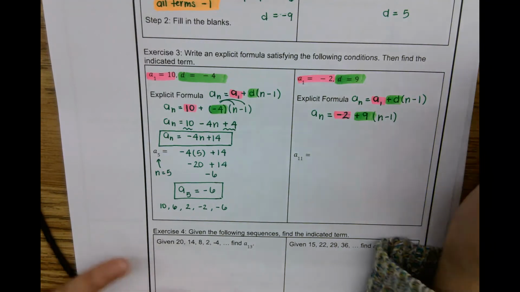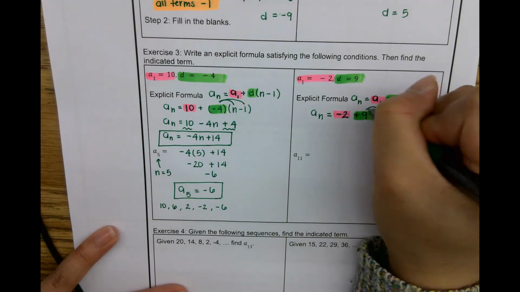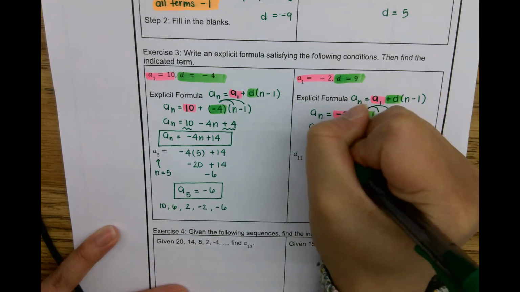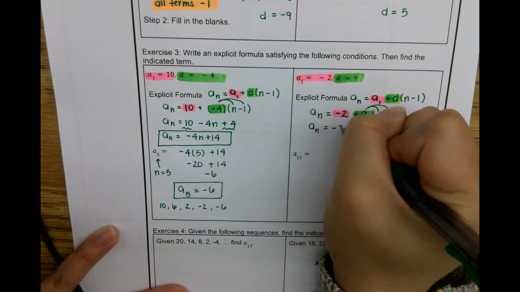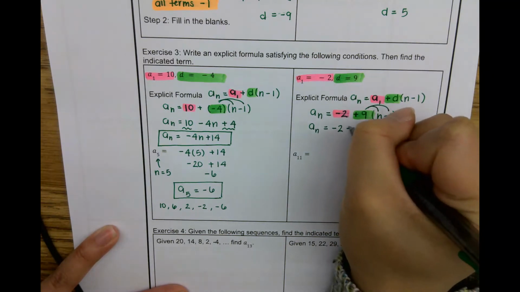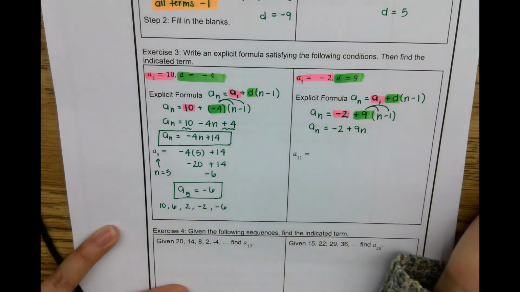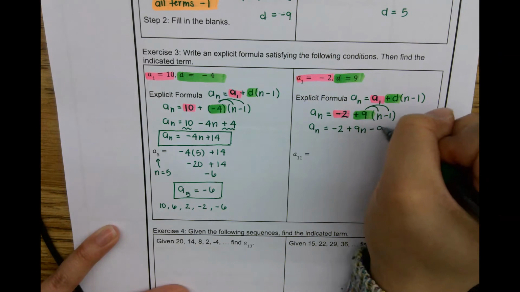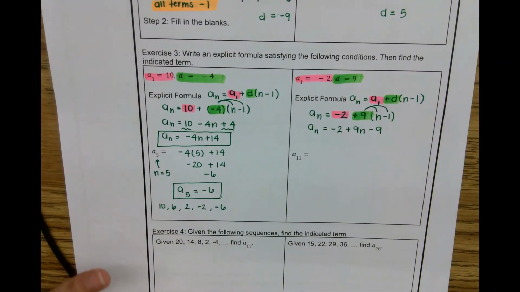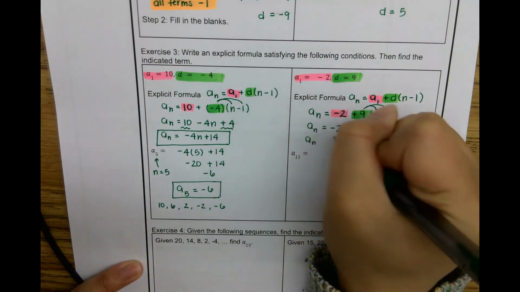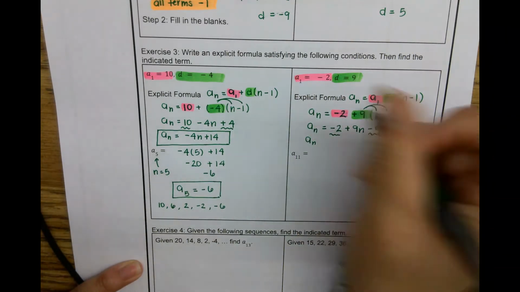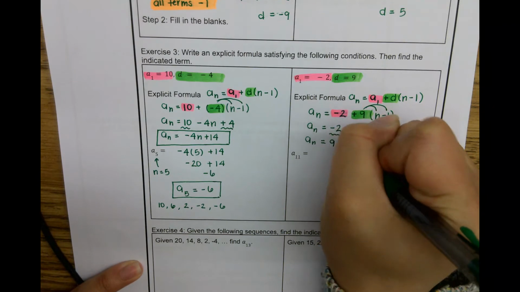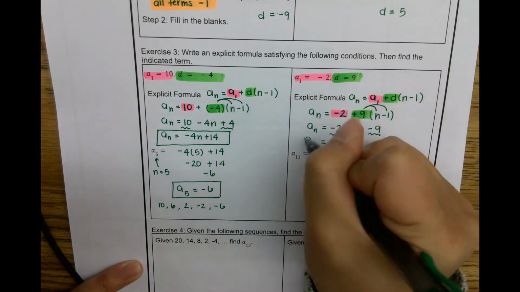I'm going to distribute this 9. When we distribute, we are multiplying. 9 times n is 9n, so positive 9n. 9 times negative 1 is negative 9. Then I'm going to simplify. Combine like terms, negative 2 and negative 9 are like terms here. It's negative 11. And so here you go.